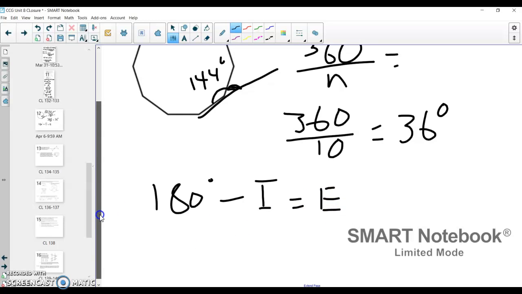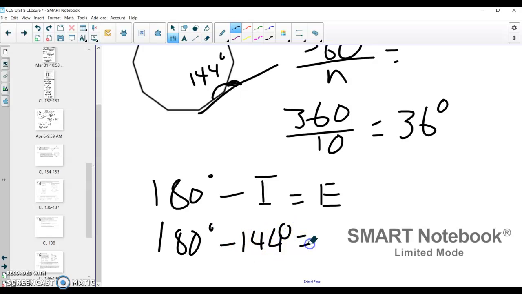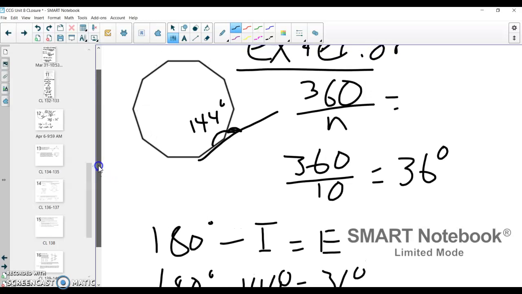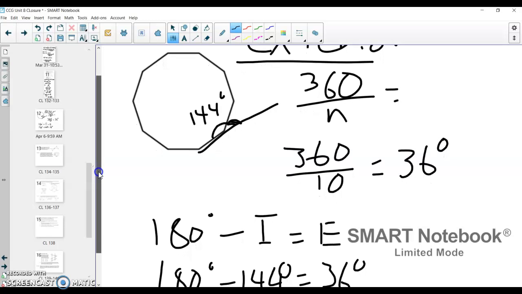So if that interior angle is 144 degrees, I can do 180 degrees minus 144 degrees, and I get that my exterior angle is 36 degrees. Either one of those methods works, but again, it has to be a regular polygon for that to happen. I believe that's all the angles that we've done in class.